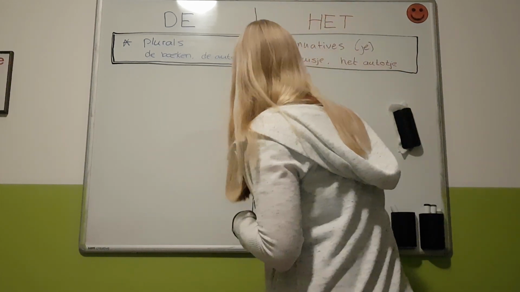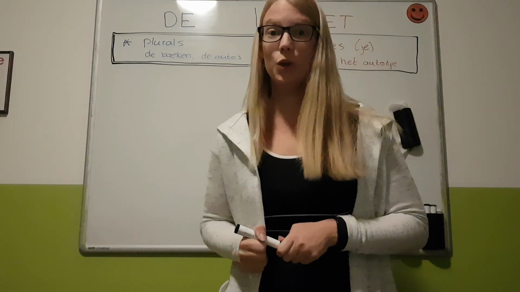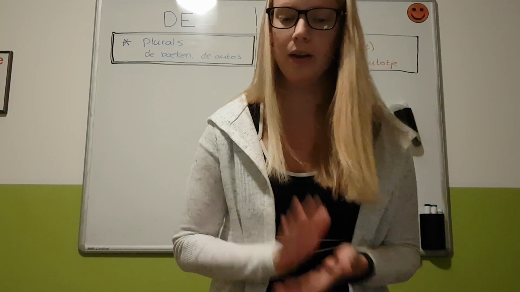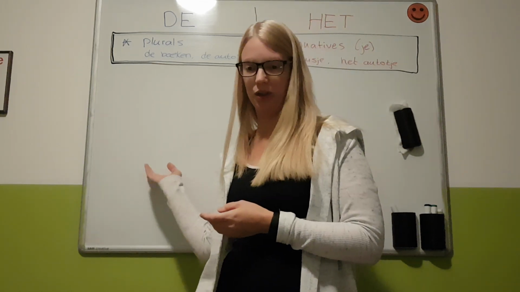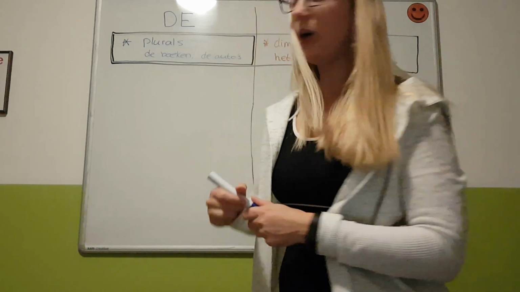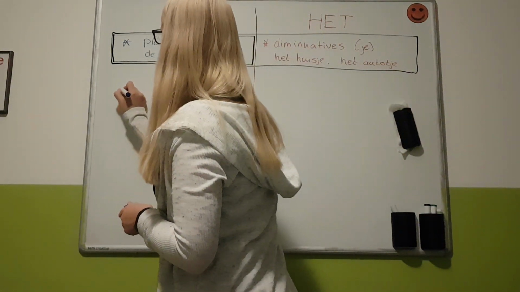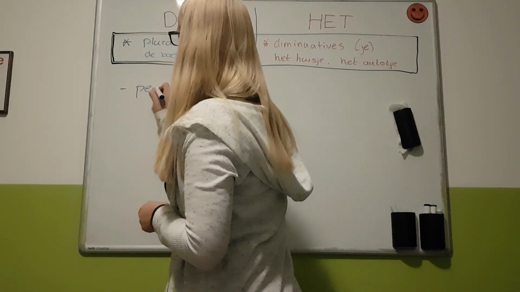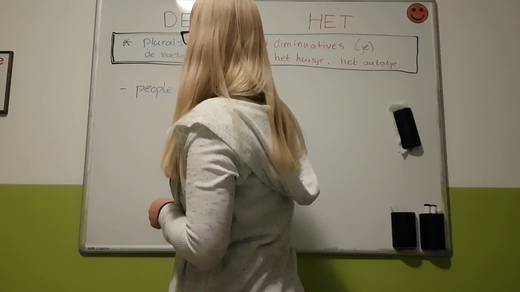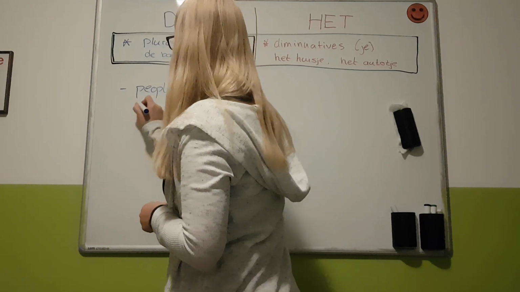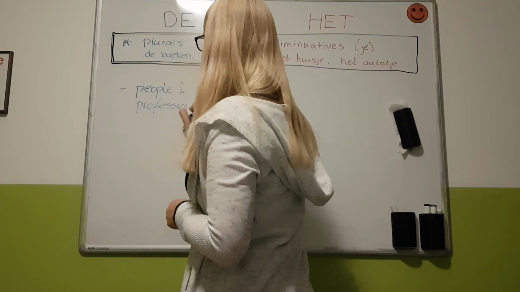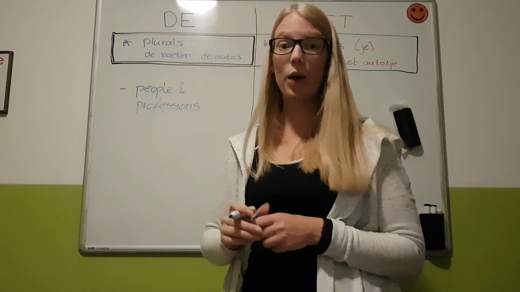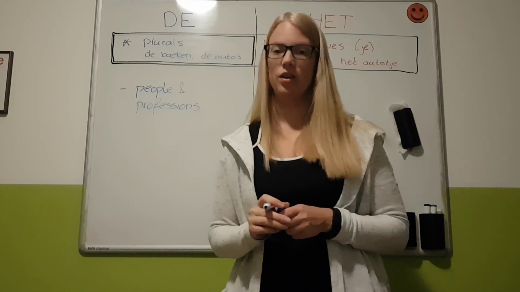Alright. So, now that you know the two most important rules, you probably already heard about them, I'm going to introduce the new rules on the de words. Okay, the first one is people and professions are always de words.